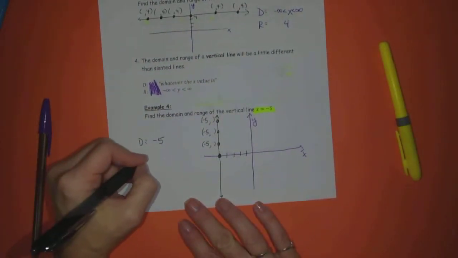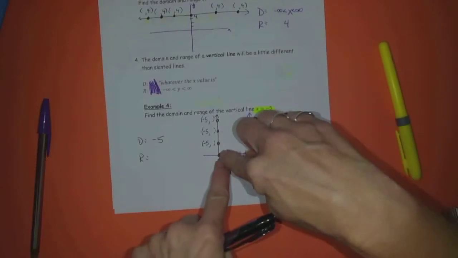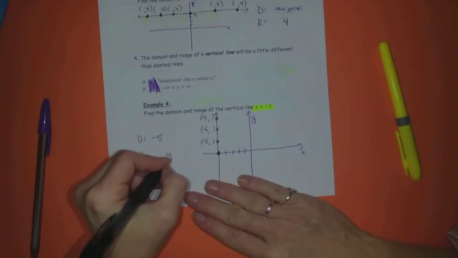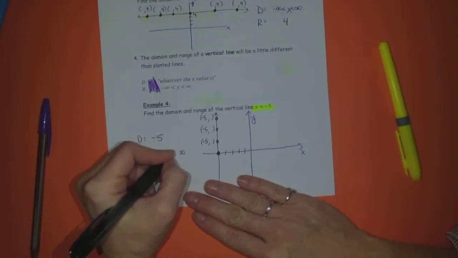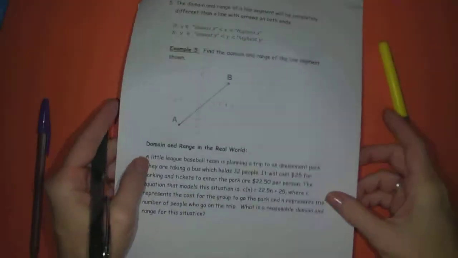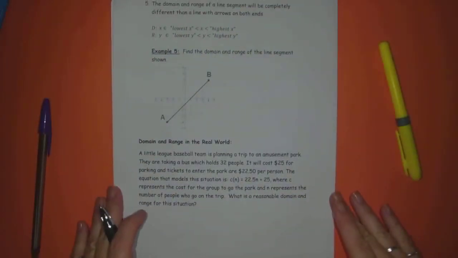But the range, which are the y values, just spreads out everywhere, bottom to top. It goes down and up. So my y's are definitely situated between negative and positive infinity. Okay? Last page.